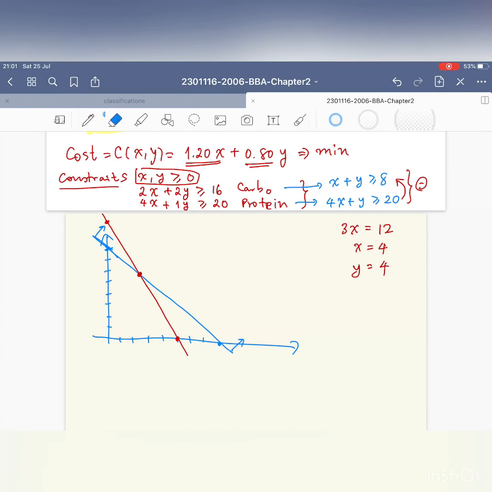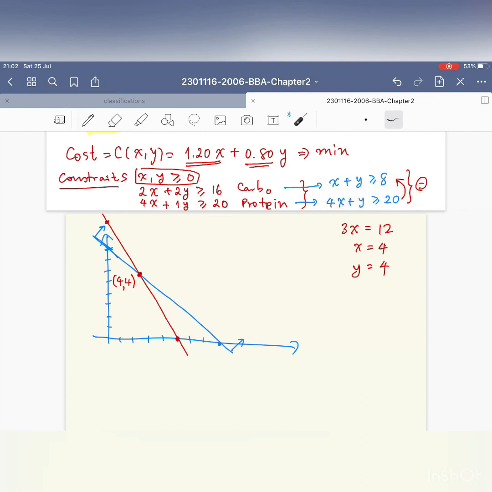Let me just write down here. What will be the region that you need? Okay, for the red one, it is the one above or below, right? Again, this one is below, including the origin. So if you include the 0 and 0 here, you have 0 greater than or equals to 20. Again, it is a contradiction, right?